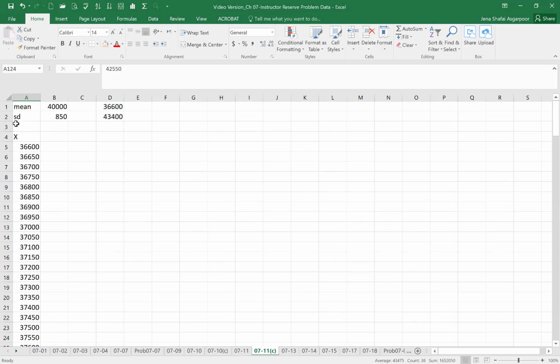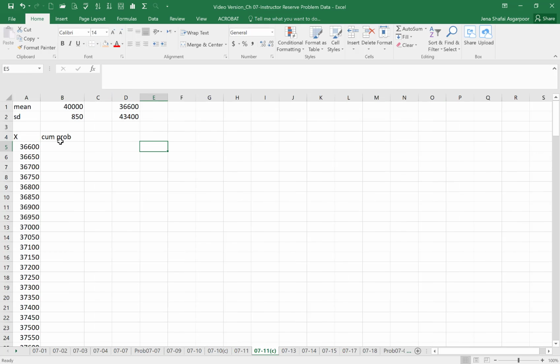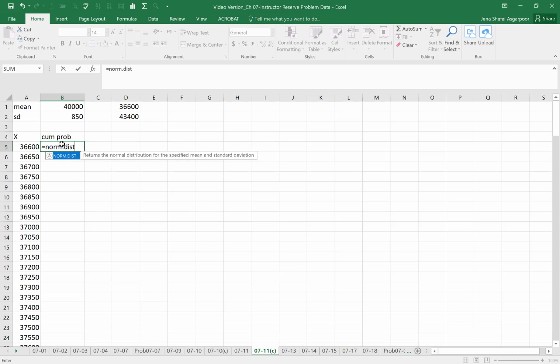And so that's my x values, cumulative probability. The cumulative probability under the curve for any of these values is equal to NORM.DIST, where this is my x value, 40,000 is my mean, 850 is the standard deviation, and I want true.